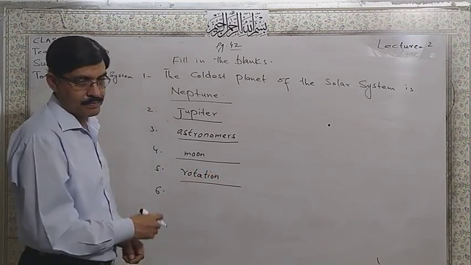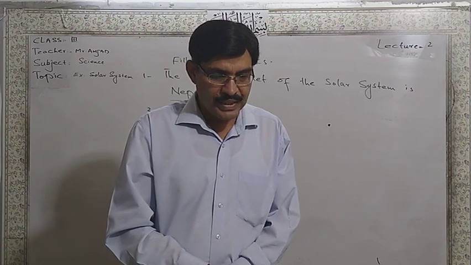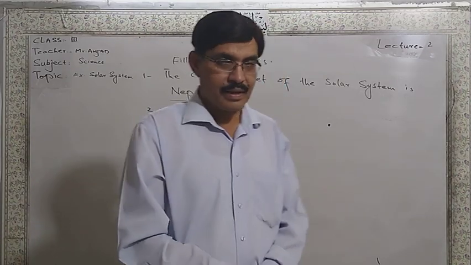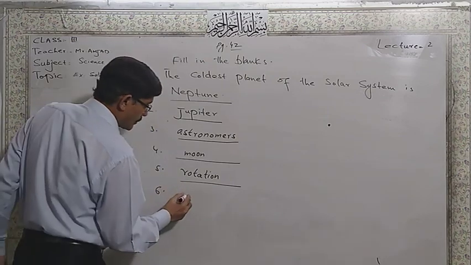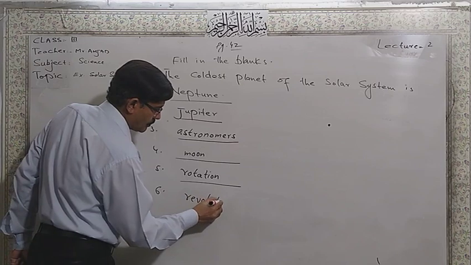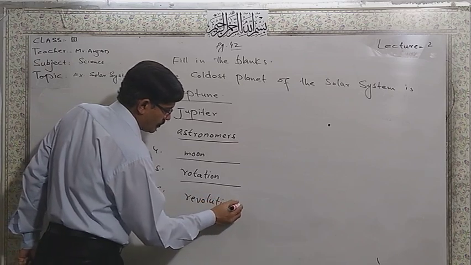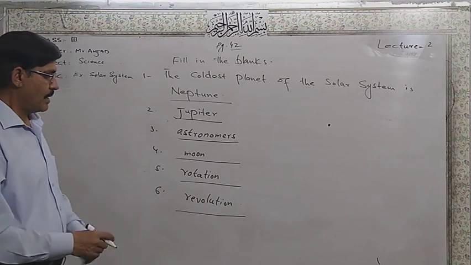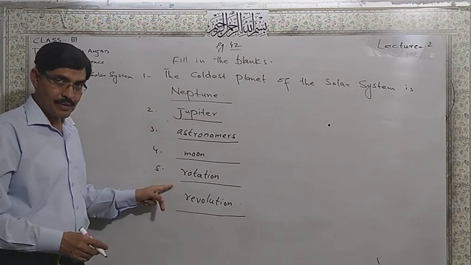Number 6: one complete round of the Earth on its orbit is called revolution. Dear students, this is our blanks, and you know about this one.